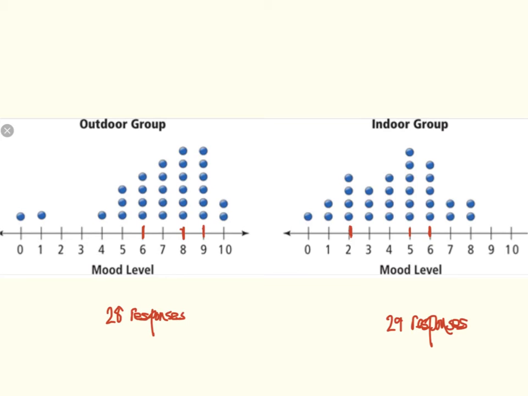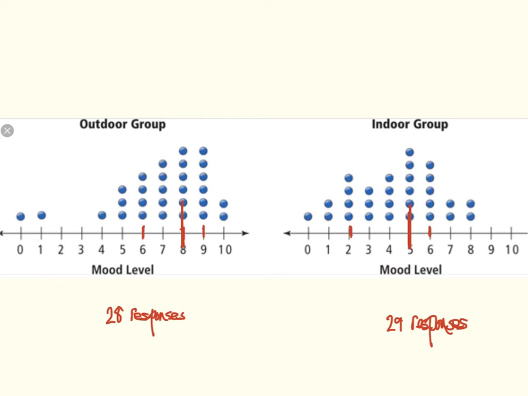But essentially, you see that the middle in the first is at 8. The middle in the second is at 5. So that immediately tells you that the indoor group had a lower mood or a worse mood, and the outdoor group had a better mood just by looking at the median score.